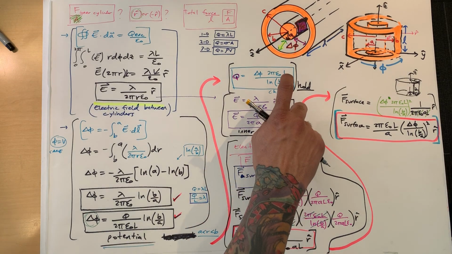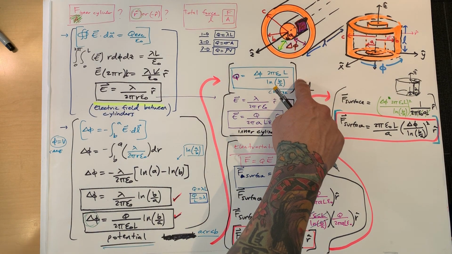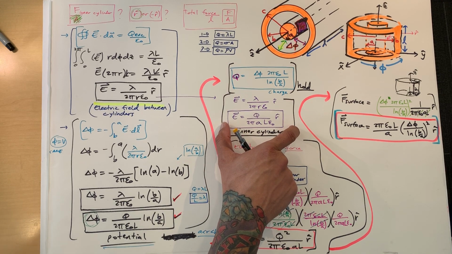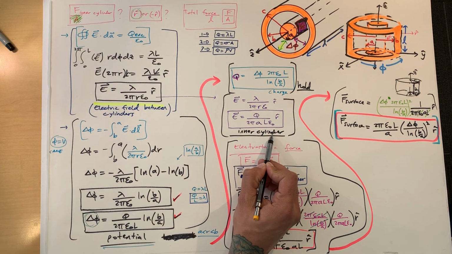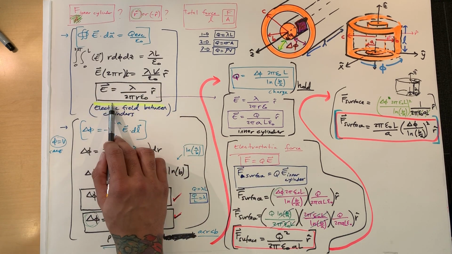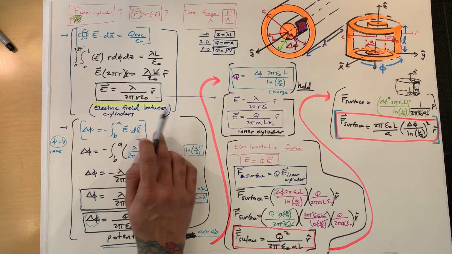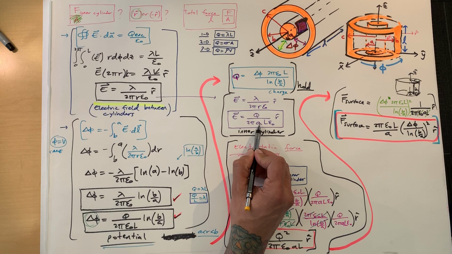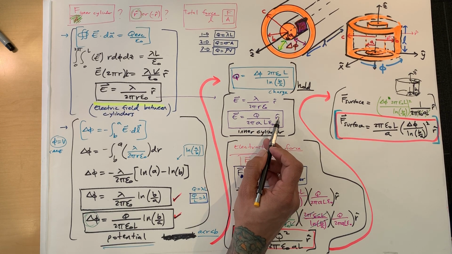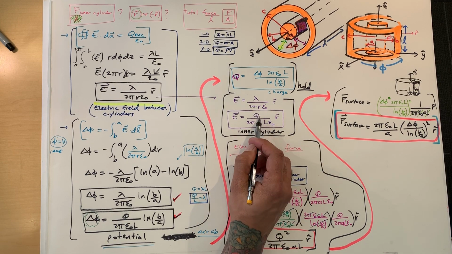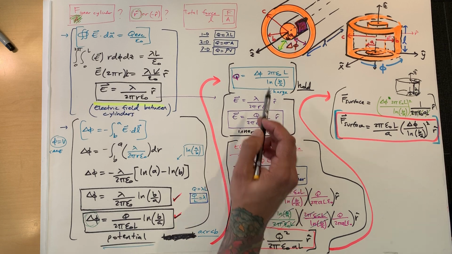So now we got the charge. We're going to hold that for a second, and we're going to represent the electric field specifically in the inner cylinder. We're going to do that using this general notation for the electric field between the cylinders, and we're going to change up the R, because now we know that we want the inner cylinder, so that R goes to A, and then the lambda is going to change to Q over L, for the 1D.